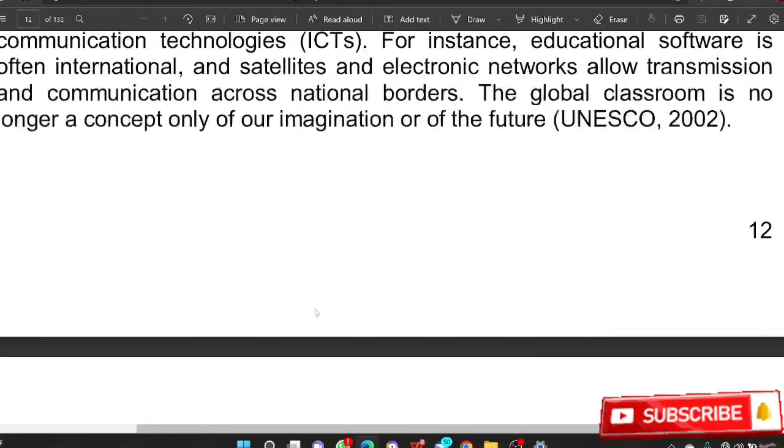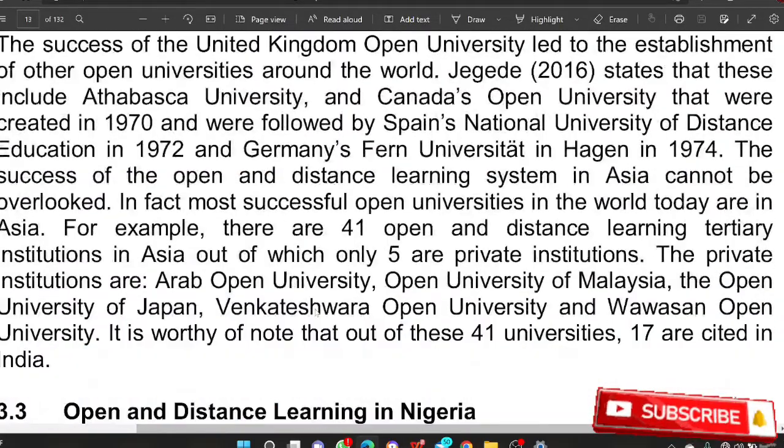UNESCO 2000 said so. The success of the United Kingdom Open University led to the establishment of other open universities around the world.